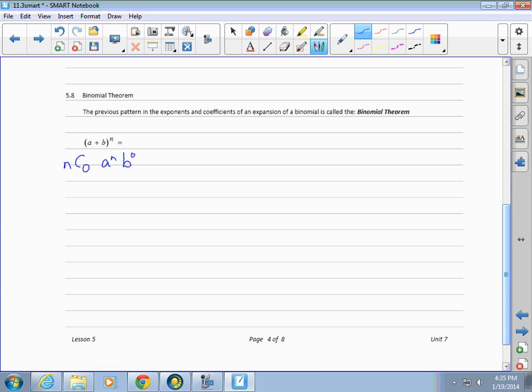b^0, plus. The next one was nC1, a to the n minus 1, b to the 1. Or you could also write it as this was r, and then it was r plus 1, and so on. But that one you can just increase by ones, and it'll work for you too.